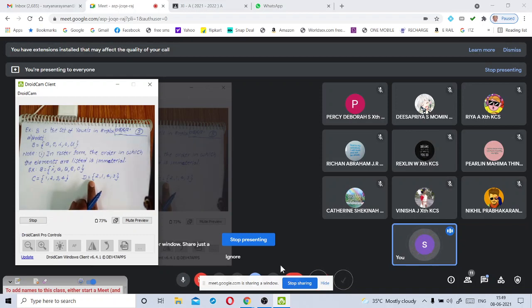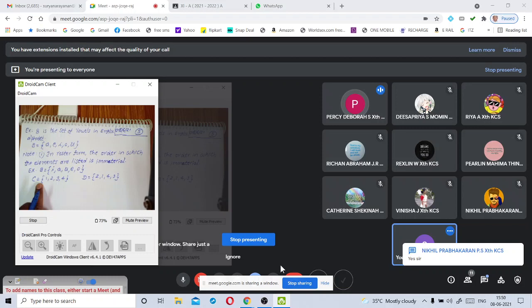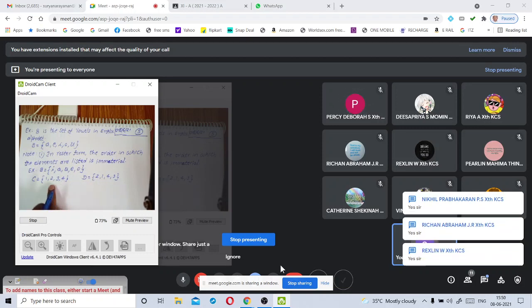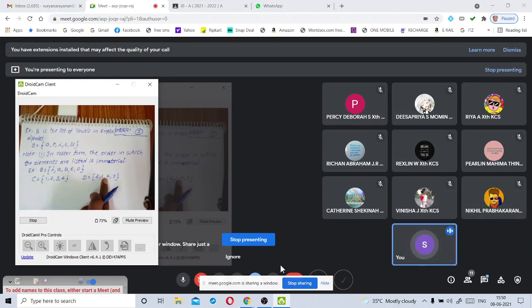The elements of the set can be written in any order. The order in which the elements are listed is immaterial. Means we can write the elements of the set in any order. Got this point, my dear children? In this example, C and D represent the same set. If you observe, the same elements are written but in a different order. Yes or no?